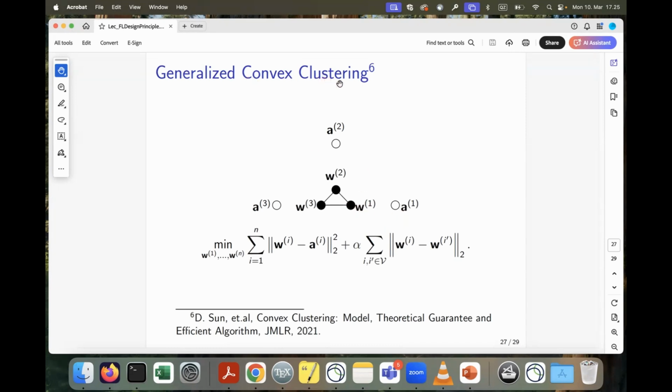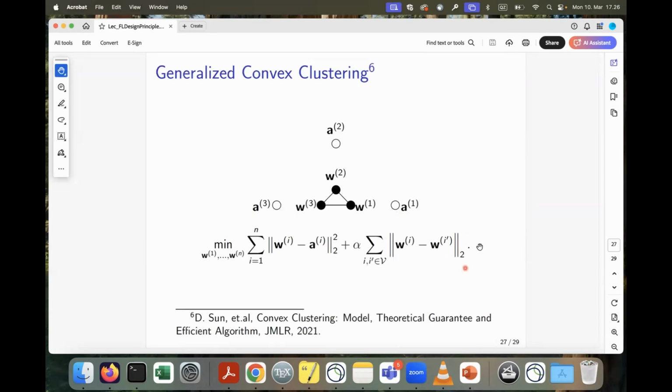And that's called convex clustering. And GTV minimization generalizes this by using a more general loss function. So convex clustering uses this loss function, and in generalized GTV minimization, we use here a more generic loss function.